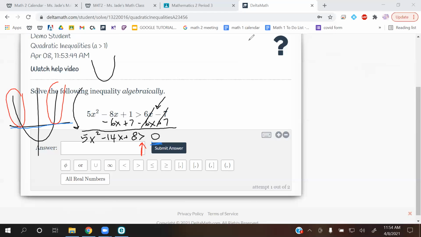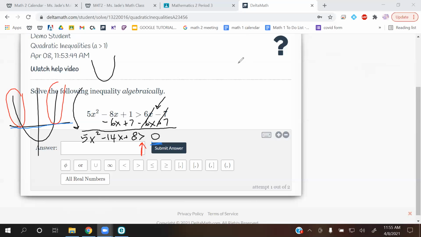So we want those two sections. Once again, we will have two answers, and we're going to separate those answers by the word or.